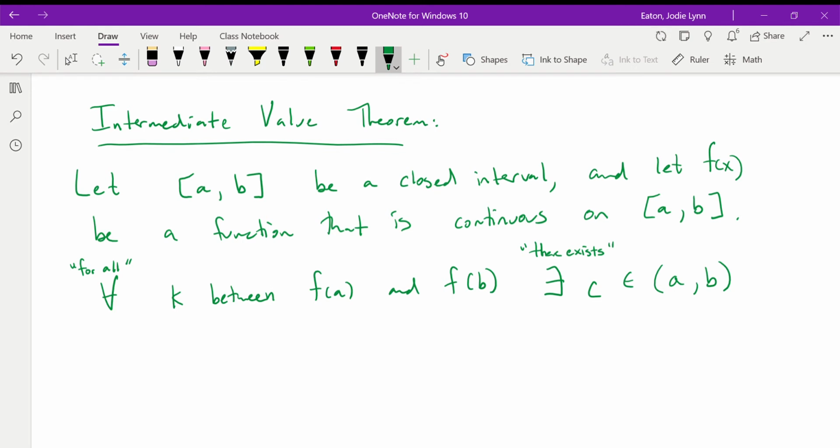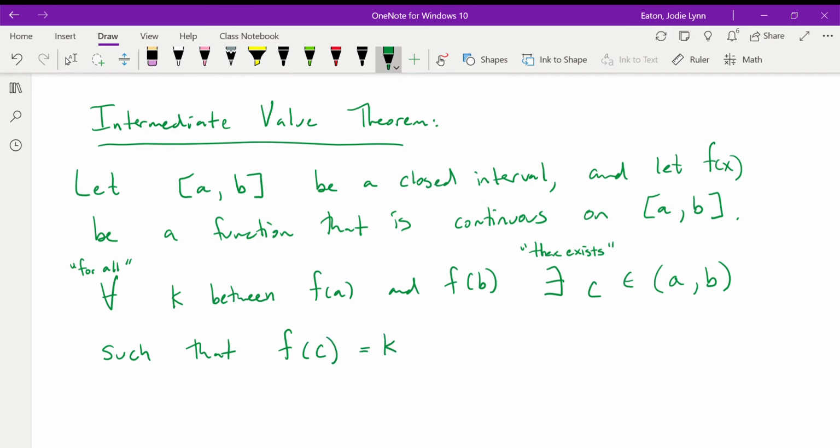And it could even be a or b. If there's a k between f of a and f of b, there is a c in the interval [a, b] such that f of c equals k.